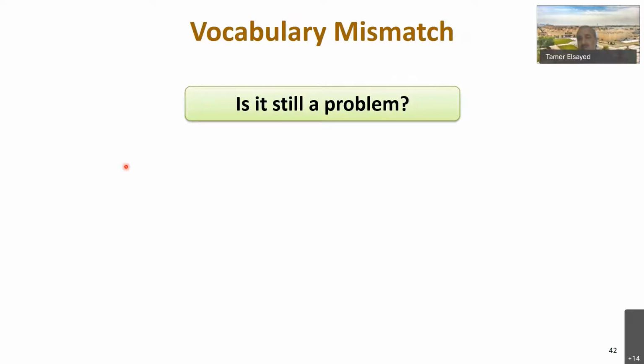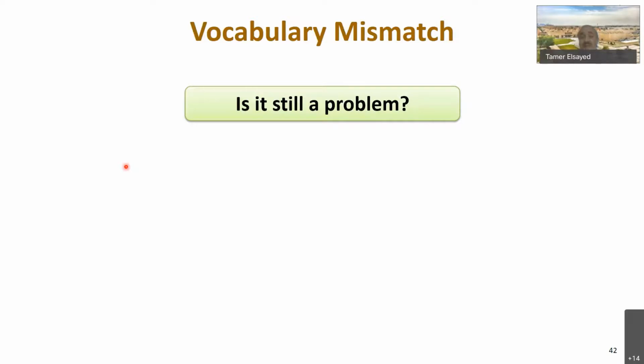So vocabulary mismatch was a big problem, because if the terms in the query don't appear in the document exactly as they appear in the query, then the match will not happen, or at least there will be a partial match. That's with exact match models like BM25 or language modeling or any bag of words model.